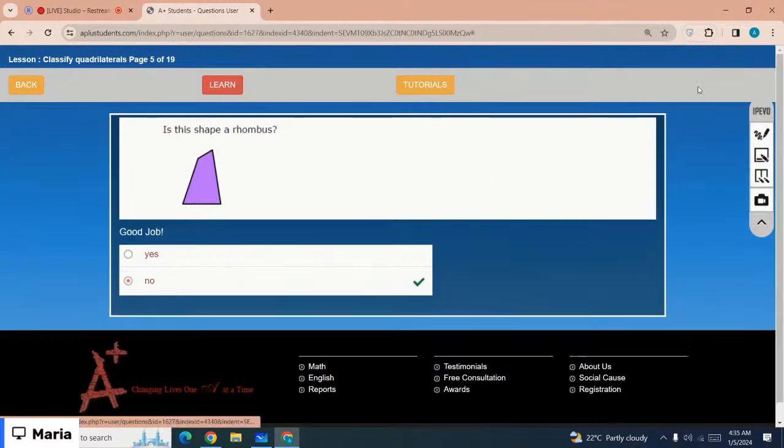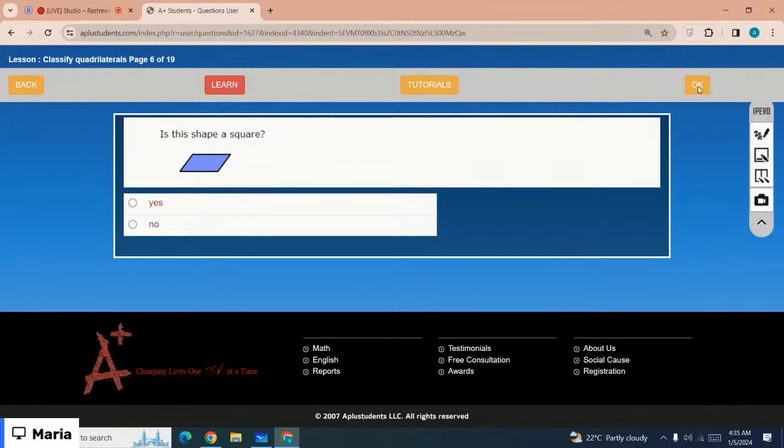Very good. The next one: is this shape a square? Yes or no? The correct option is no, this isn't a square. The correct option is no.